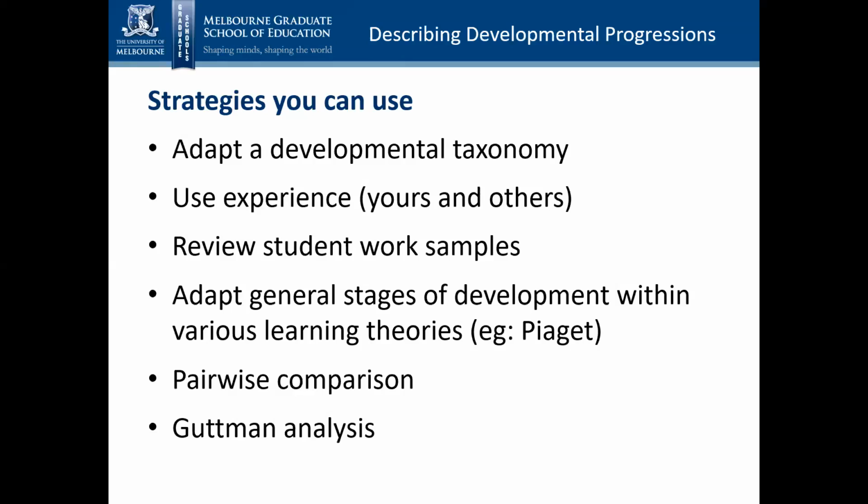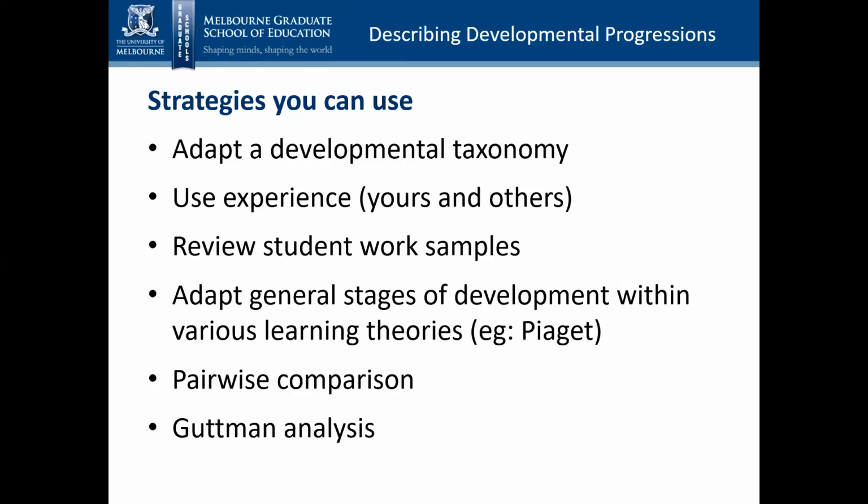The first of these dot points suggests that you adapt a developmental taxonomy, something like Bloom's taxonomy or Solo or Dreyfus or Krathwohl. These taxonomies have generic statements that describe increasing competence. And so to use that as a developmental progression, you need to adapt them to the specific context that you are trying to focus on.